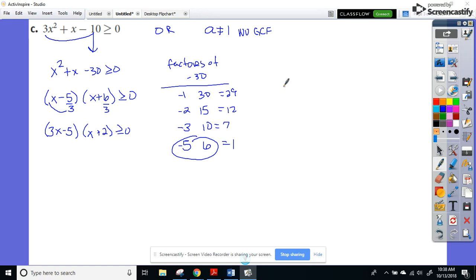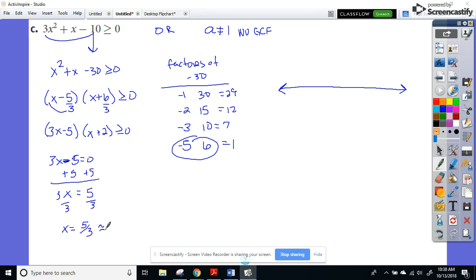And I'm going to do a number line. Put those two zeros. 3x minus 5 equals 0. Add 5, divide by 3. x is equal to 5/3, which is about 1 2/3.